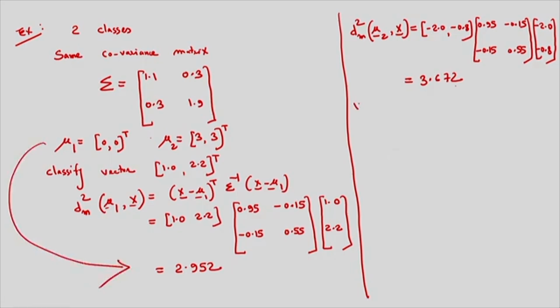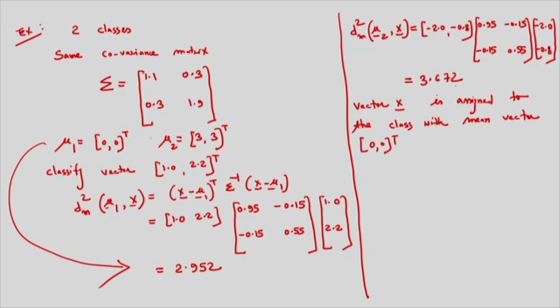So I can write the vector x is assigned to the class with mean vector 0 0 transpose. So based on this distance we can do the classification. This is the minimum distance classification.